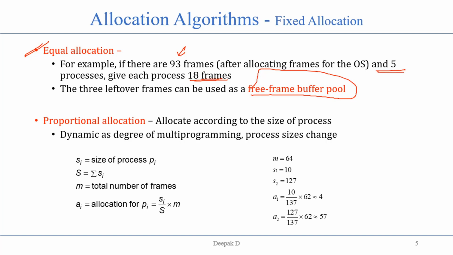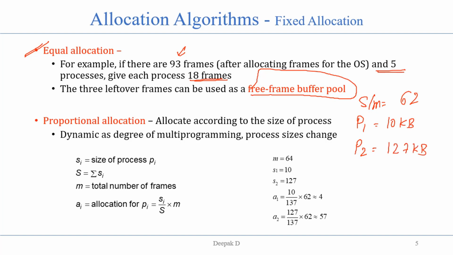The previous strategy, equal allocation, has some limitations, or we can call it a disadvantage. Assume that you have a system with 62 free frames, and two processes P1 and P2 currently running in your system. P1 needs only 10 KB of memory and P2 needs 127 KB.